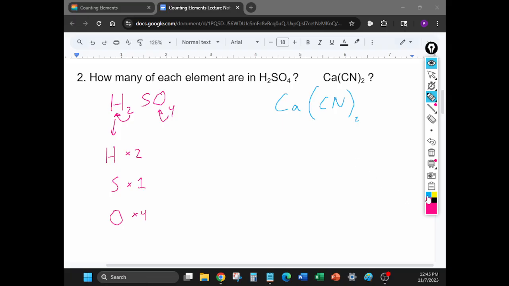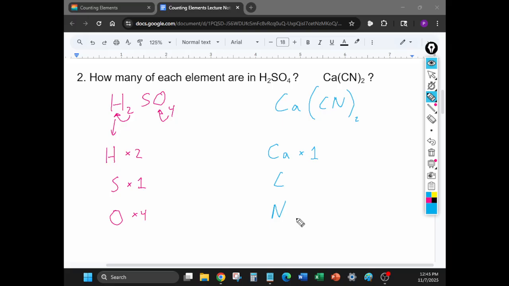All right, let's move on to the other one. This one's a little bit weirder because there's a parentheses, but we talked about this before, so let's see if you guys remembered. In terms of the actual elements, we have Ca, we have C, and we have N. Those are the capital letters, and those are our elements. If you look at Ca, there's no number behind it, so you got 1 calcium. And then we got to do the thing in the parentheses.